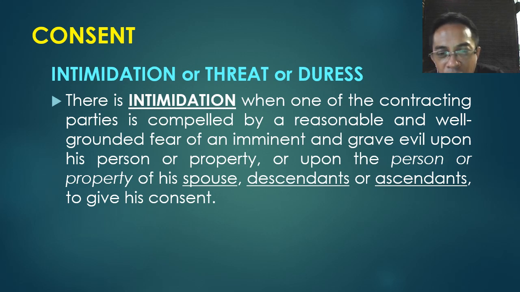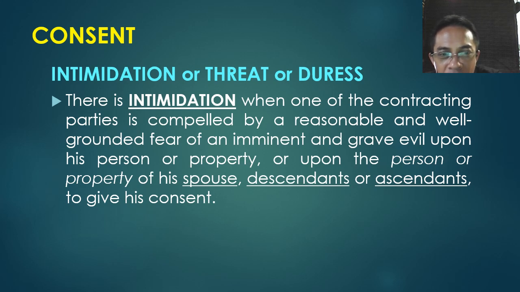Okay? Not only to the person, but also to his property. Okay? Takutin ka, susunugin ko ang property mo, o sirain ko property mo. Okay? Or, the person or property of your spouse, descendants, mga anak, apo sa tuhod, or ascendants, papa, lolo sa tuhod.